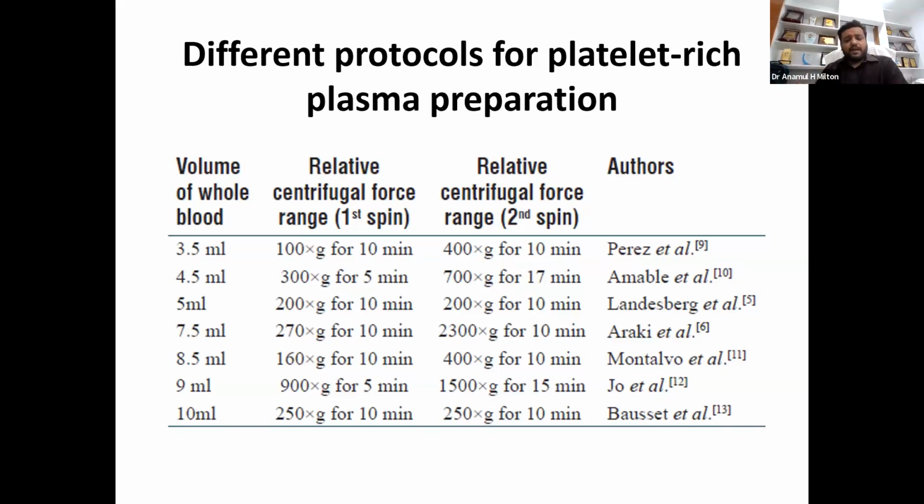Or some authors use 9 ml with a soft centrifuge: 900 times G for the first 5 to 6 minutes, and 1500 times G for the next 15 minutes. These two protocols we have used in our practical scenario.